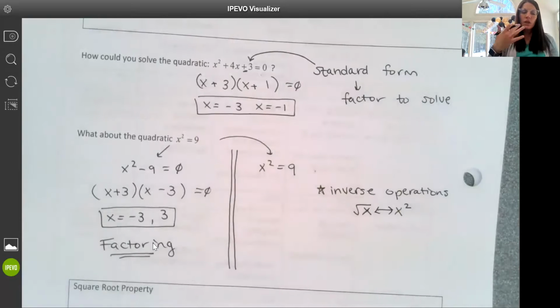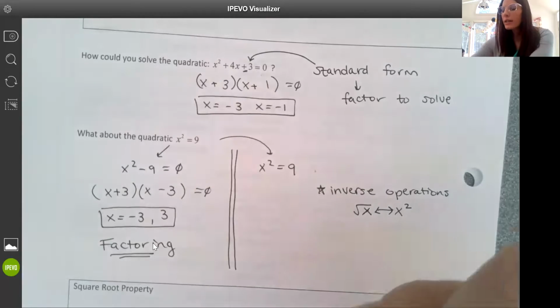If I take the square root of something and square it, that's going to undo that operation, okay, that they're inverse operations. And we've used that before when we were solving, say with the Pythagorean theorem or some of the work we've done previously. We've used the fact that those are inverse operations, just like addition and subtraction are inverse operations, roots and exponents are inverse operations, okay?